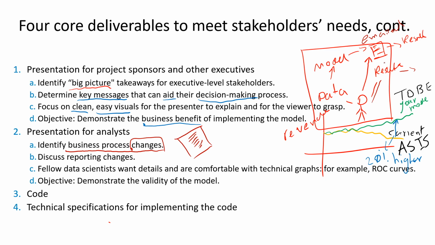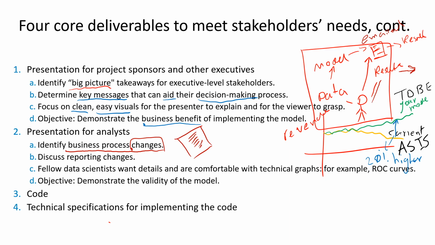But previously, this person was delivering a printed version of the result or an Excel result, maybe in a very old-fashioned way, to the CEO. So you need to make sure that you communicate these changes very effectively.